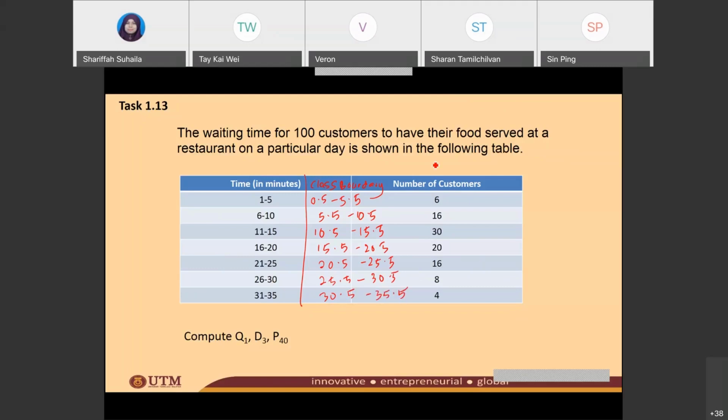Then the other column for cumulative frequency. So this is your frequency, fi, cumulative frequency: 6, 22, 52, 72, 88, 96, and then 100. So first step, you compute your quartile class for Q1.